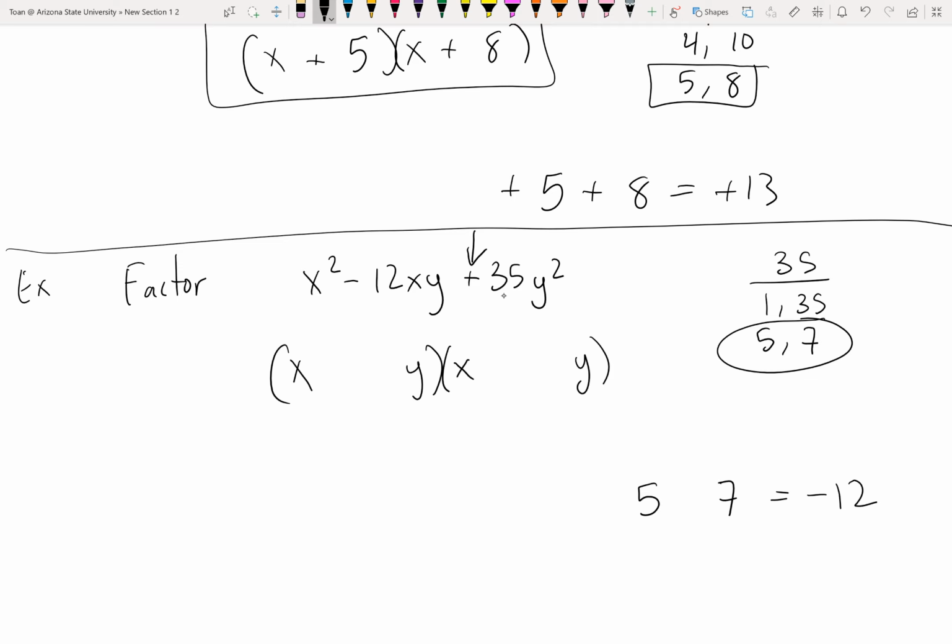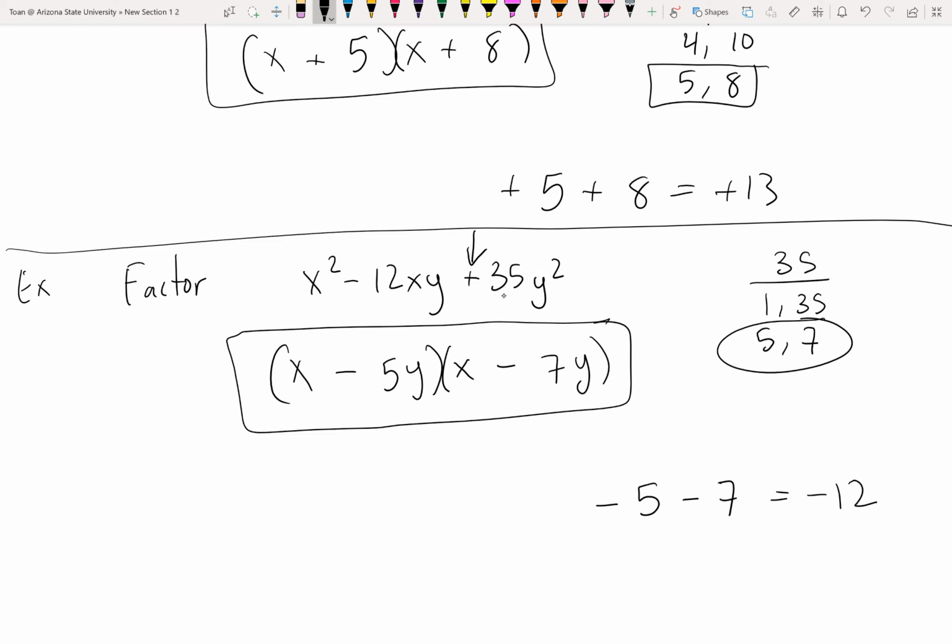So play with the pluses and minuses until you make this a true statement. Hopefully you end up getting negative 5 with a negative 7. So I'm going to put a 5 here and a 7 here. That's the only difference. Whatever numbers you end up with, just put it in front of the second variable. And then, of course, they're both negative. So this is the factored form of the original problem.